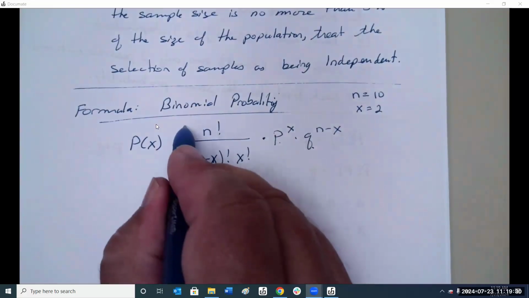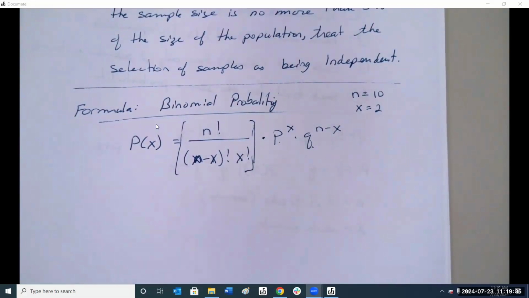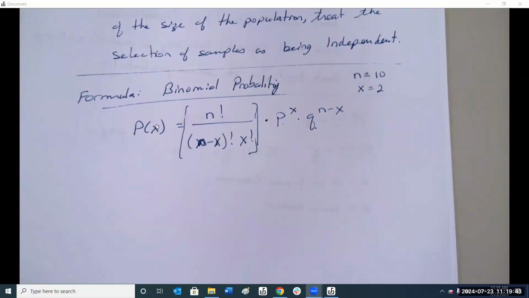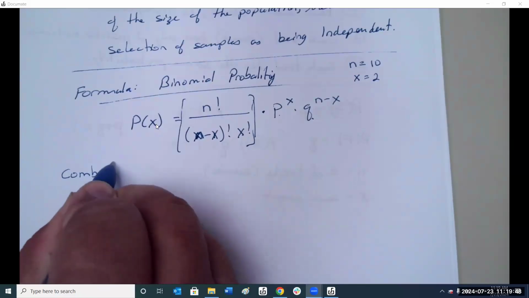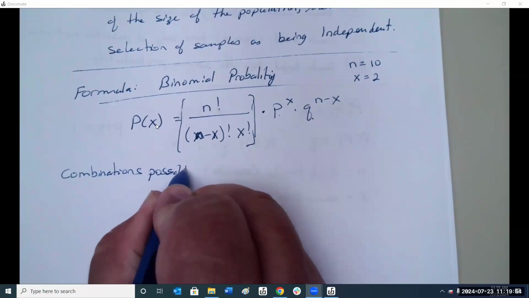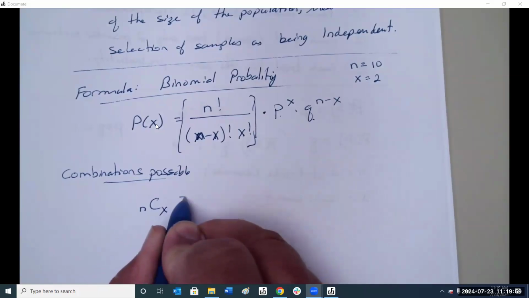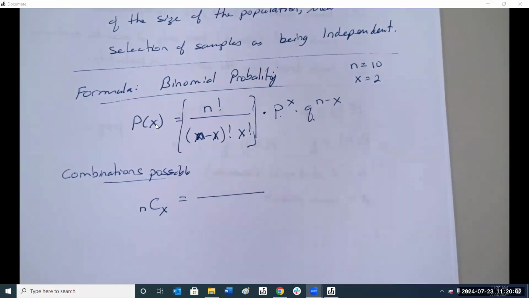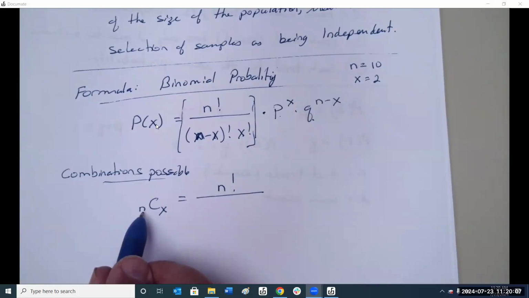Now, this first part here is what's called a counting method of determining the permutations or combinations possible. It's denoted as nCx. n is the total number of samples that you have.